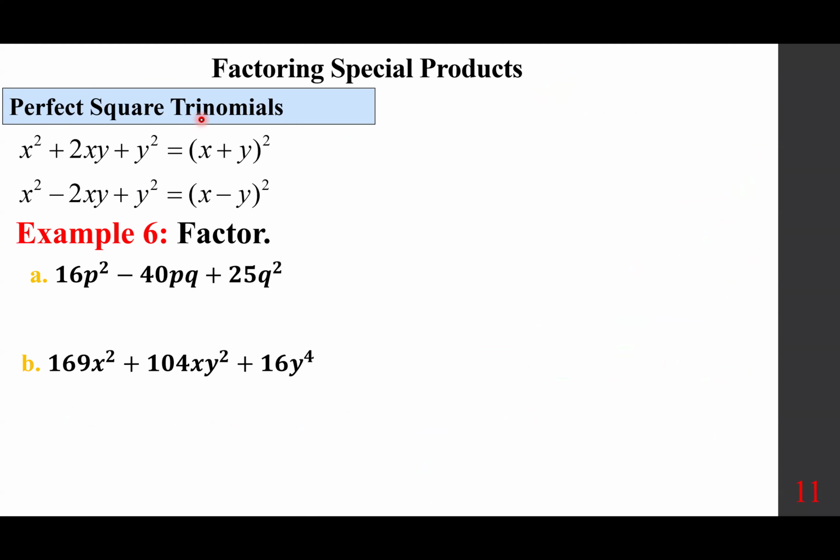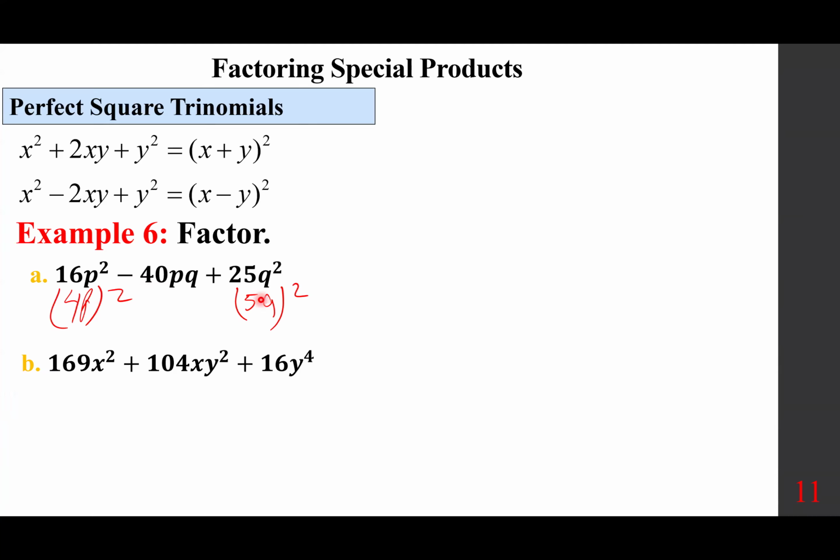So we have perfect square trinomials, meaning x squared plus 2xy plus y squared is x plus y squared, and x squared minus 2xy plus y squared is x minus y squared. And we want to factor this. We notice that this one is a perfect square, and this one is also a perfect square.